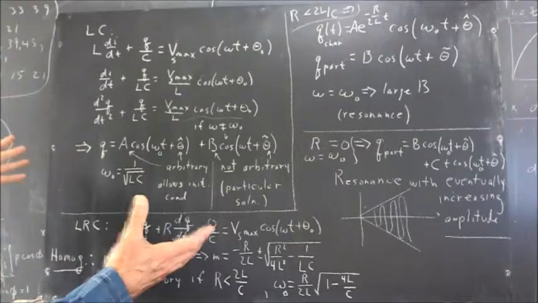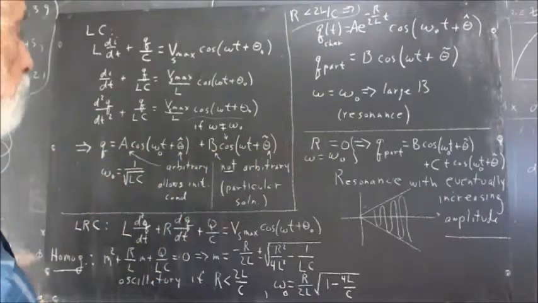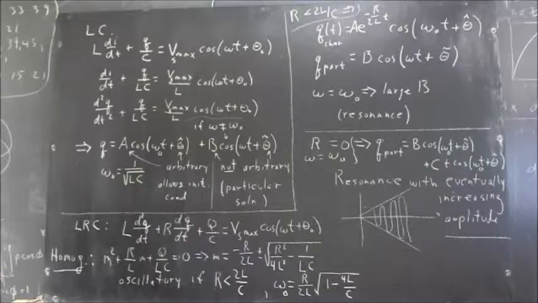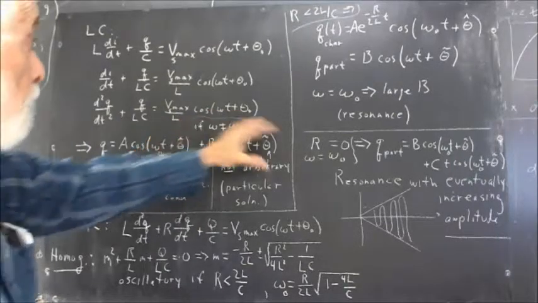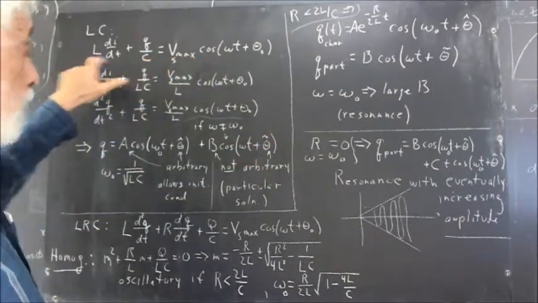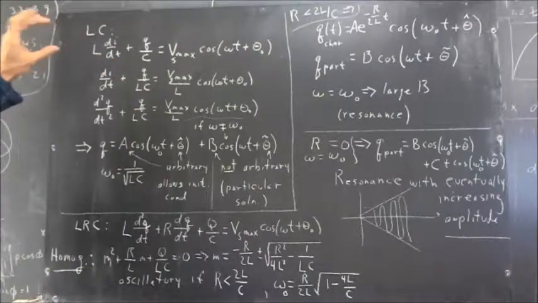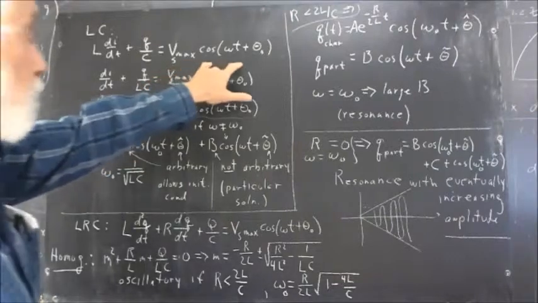Okay, so right there is our solution to the fairly simple case here. And in most of the cases we have, we're not dealing with the particular solution because we're not going to drive this circuit with a specified voltage.